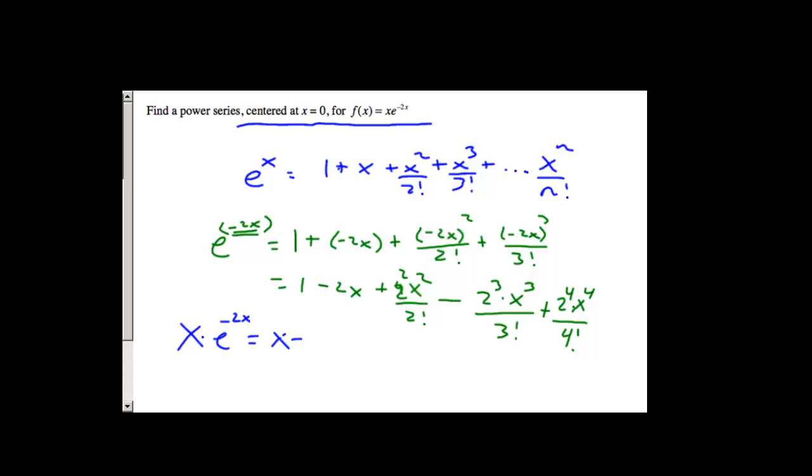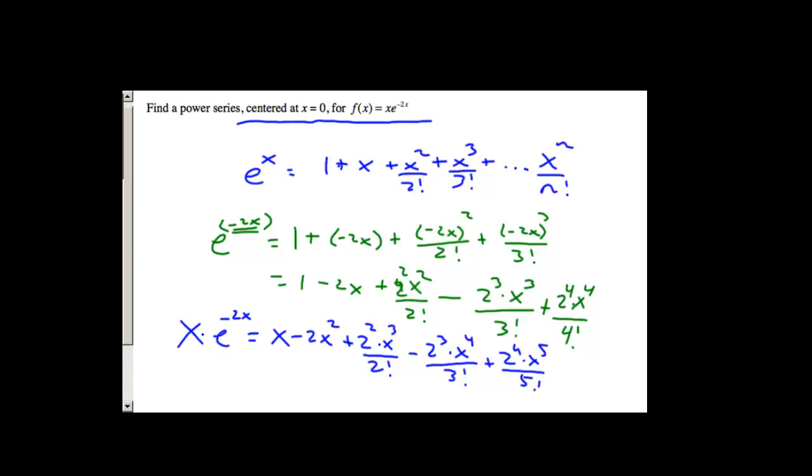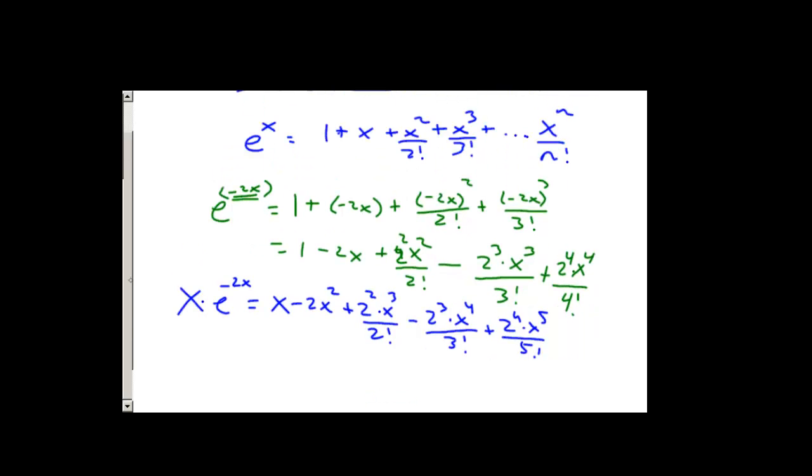Maybe get x minus 2x squared plus 2 squared times x cubed over 2 factorial minus 2 cubed times x to the 4th over 3 factorial plus 2 to the 4th x to the 5th over 4 factorial. And there's clearly a pattern going on. What is that pattern?